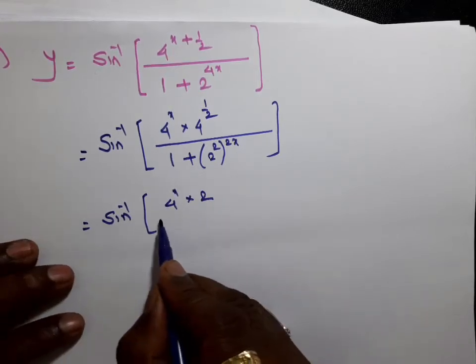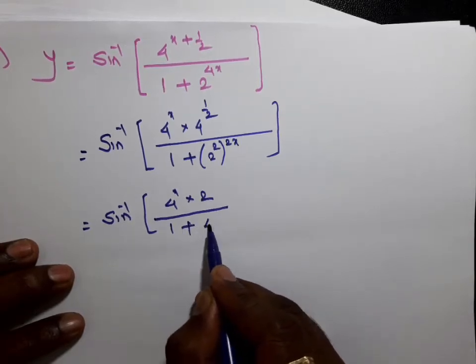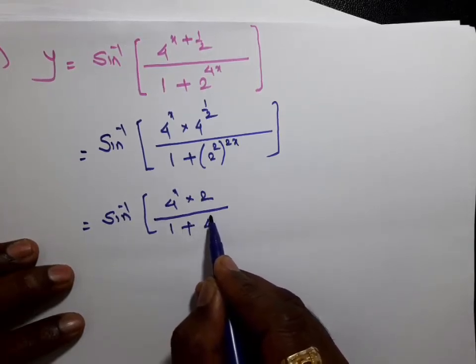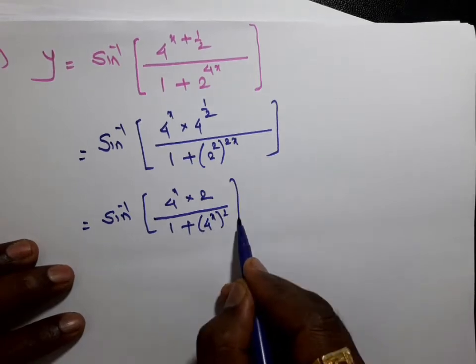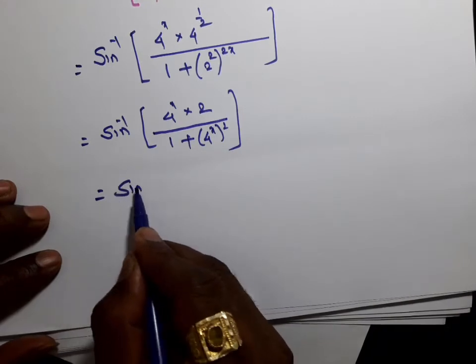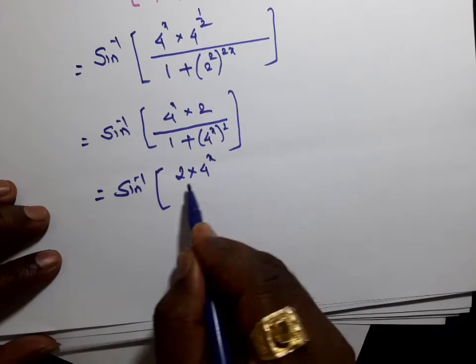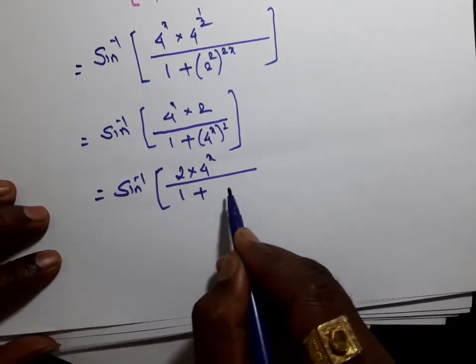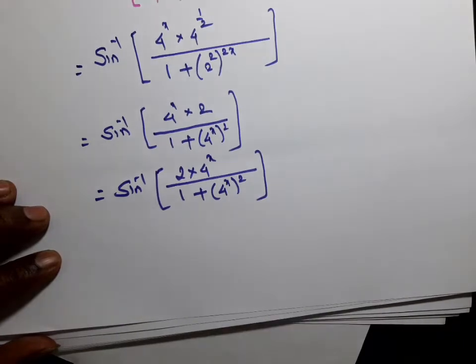Square root of 4 is 4. This is 1 plus 4 raised to x whole square. That I can write if you know the rules of indices. So sine inverse of 2 into 4 raised to x upon 1 plus (4 raised to x) square.